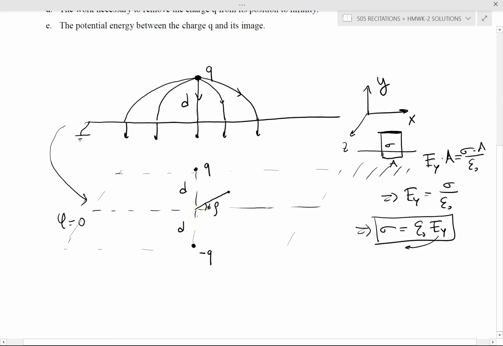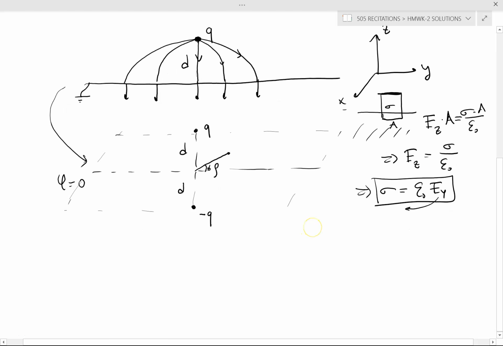Okay, in fact, let me change my coordinates to a proper one so that the plane is the xy plane and it's the z direction. In this case, my electric field is along the z direction. Okay, how can I calculate the electric field at this point?